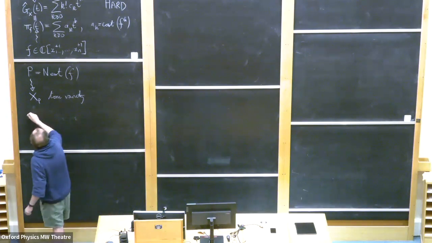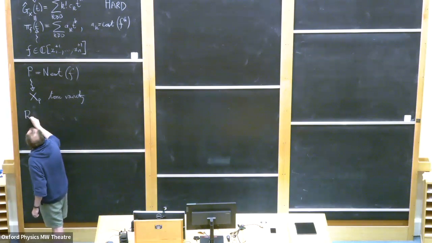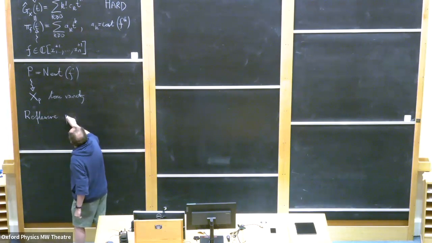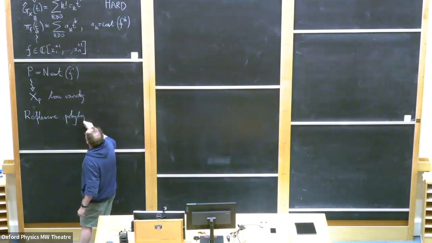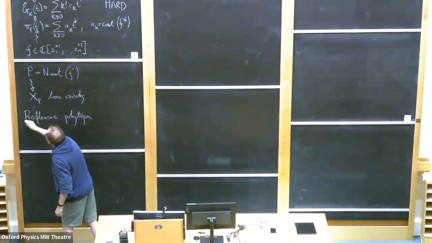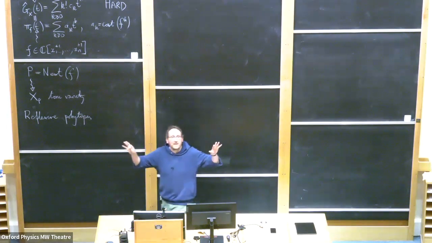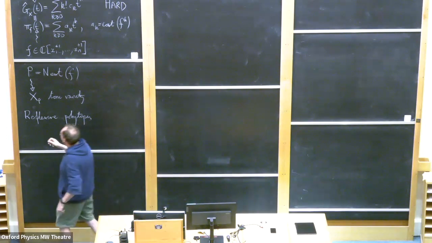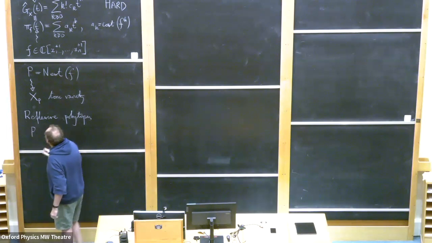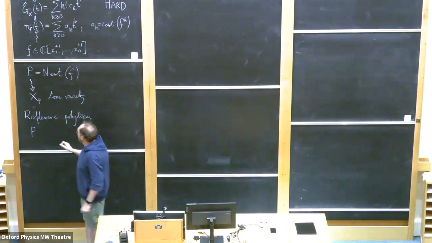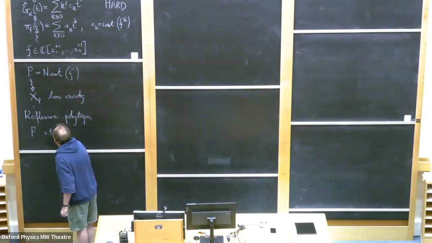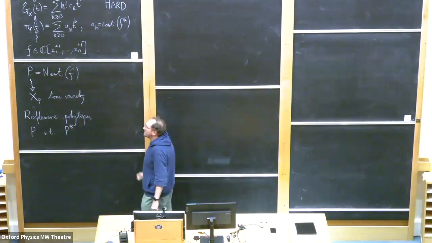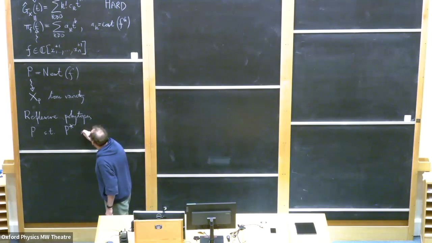And what I said was, an interesting place to look is amongst the reflexive polytopes. You're all familiar with reflexive polytopes, so I probably don't need to tell you what they are, but just in case, it's a lattice polytope P that contains the origin in its interior, and the dual polytope is also a lattice polytope.